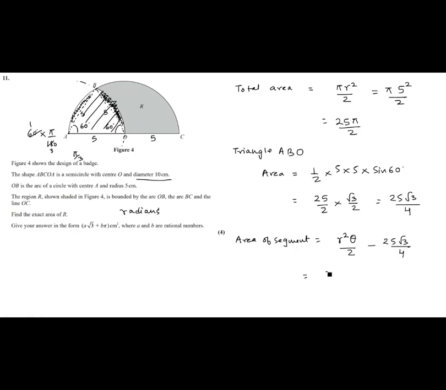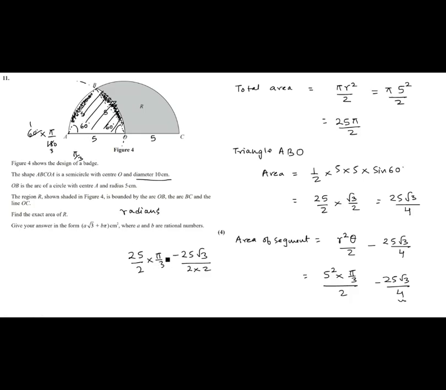So r is 5, so 5 squared times theta, which is pi over 3, everything divided by 2, minus 25 root 3 divided by 4. That means this becomes 25 by 2 times pi over 3 minus 25 root 3 over 4, and this 4 can be written as 2 times 2.